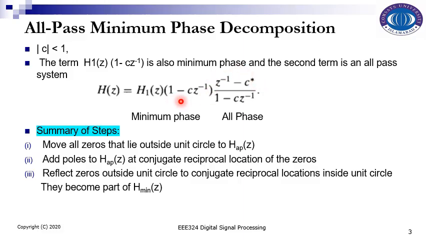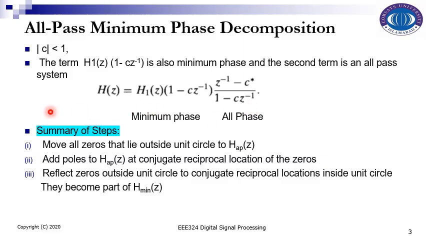But this factor here, C, is less than 1. So this 0 is inside the unit circle, and H1 of Z multiplied by 1 minus C Z inverse forms the minimum phase part of H of Z, and this term is the all pass system. So we have decomposed our H of Z into a minimum phase system followed by an all pass system.